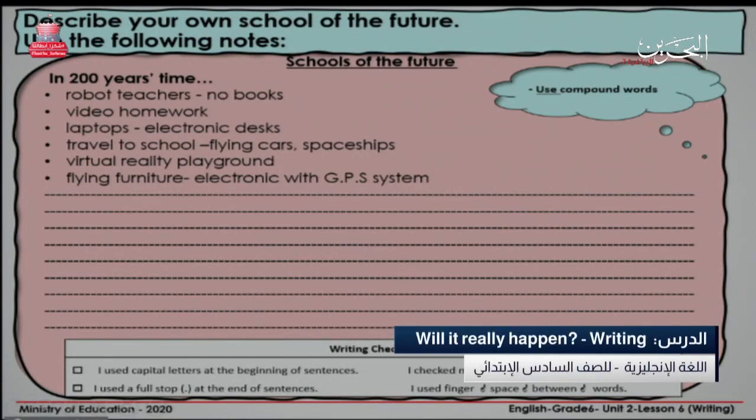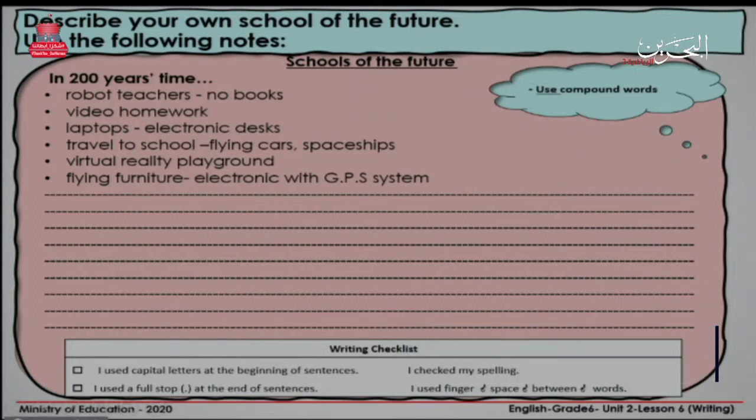Robot teachers, notebooks, video homework, laptops, electronic desks, travel to school, flying cars, spaceships, virtual reality playground, flying furniture, electronic with GPS system.